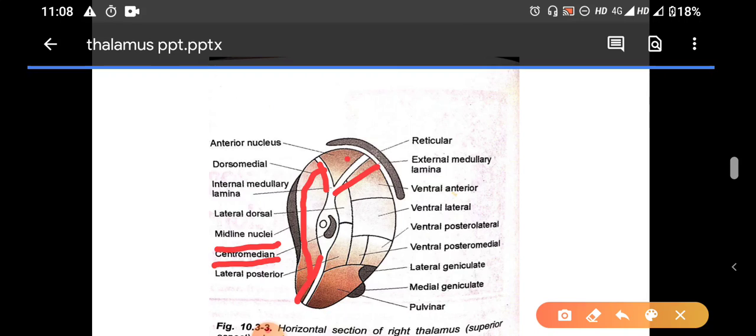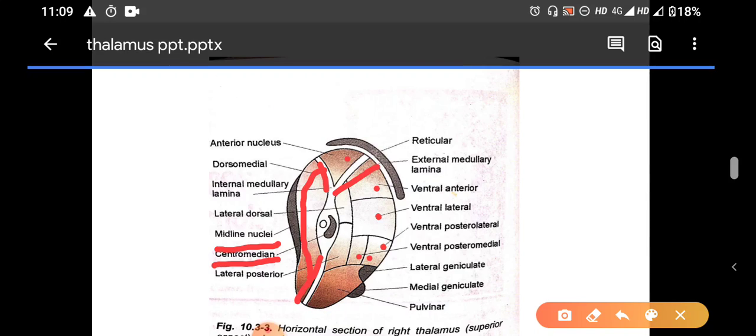Now come to the lateral side. In the lateral you can divide the nuclei into a lateral and a ventral group of nuclei. The ventral group is divided into ventral anterior, ventral lateral and ventral posterior. Ventral posterior is further divided into ventral posterior medial and ventral posterior lateral.